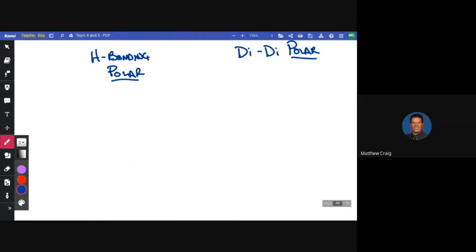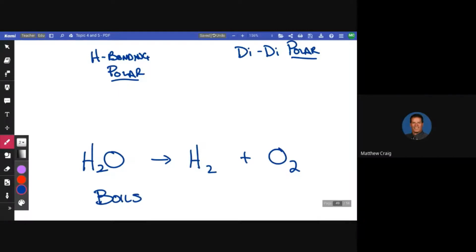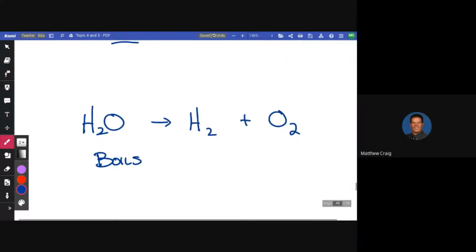Because back in the day, and again, this is a sidebar, this is not asked, there was a statement that said, true or false, your best friend tells you that when water boils, it breaks down into hydrogen molecules and oxygen molecules. Explain why it is true or why it is false. Go ahead, Levi. It's only changing state. True or false? What my friend is saying is false, because it's only changing state of matter.